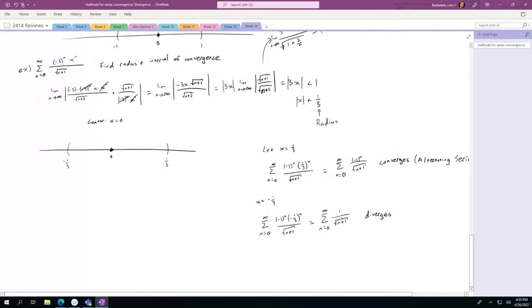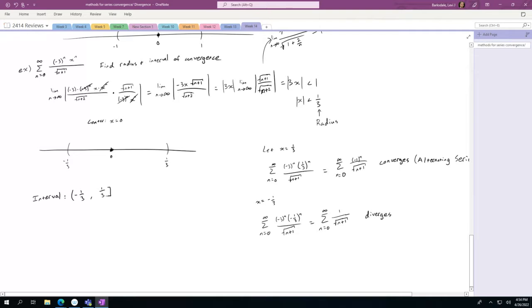Which means that whenever x is equal to negative 1/3, we shouldn't include it in our interval of convergence. Well, when x is equal to positive 1/3, we should include it in our interval of convergence. Then we can write out our interval of convergence as negative 1/3 not included up to positive 1/3, which is included.